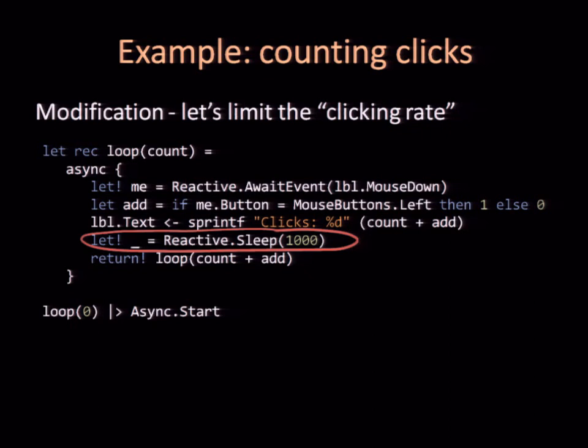Yeah? I still don't understand quite why you have the bang there, because it seems like reactive wait event should wait. So what's the bang doing, and what would happen if you left it off? Yeah, so the code that's written without bang is just basic F# code that's running, and the bang is a thing that's defined by the asynchronous workflow.